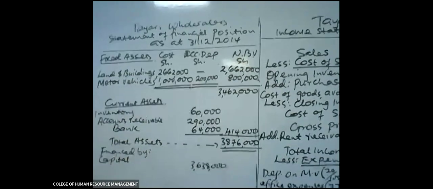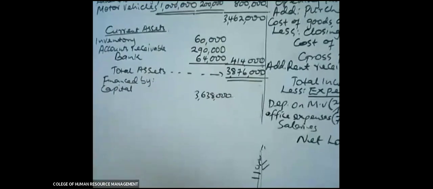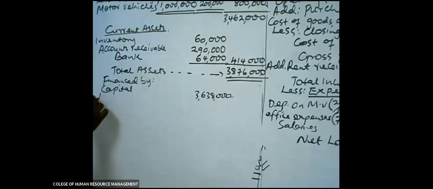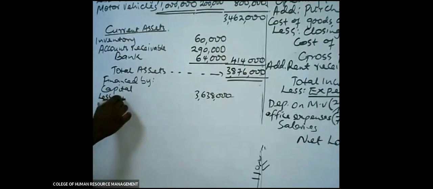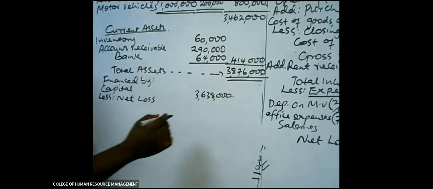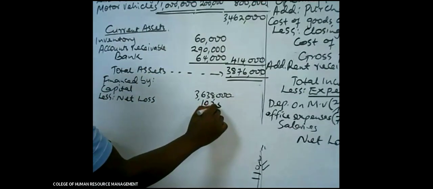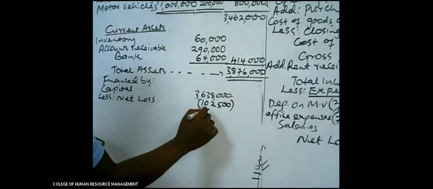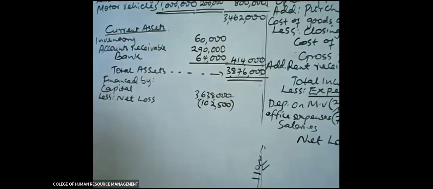We said when the business has realized a loss, it reduces capital, so less the net loss, 102,500. Put it in brackets.